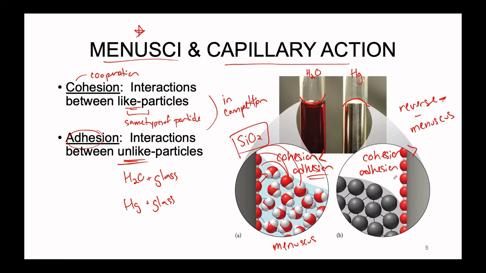So we can see these mercury atoms literally pulling away from the wall as best as they can, and interacting with each other, creating this sort of domed bubble instead. So the cohesion here, or the interaction with like particles when it comes to the mercury, is going to be much stronger, therefore the reverse meniscus.